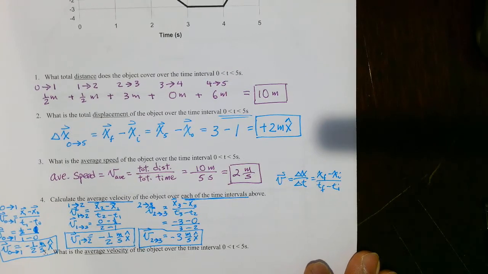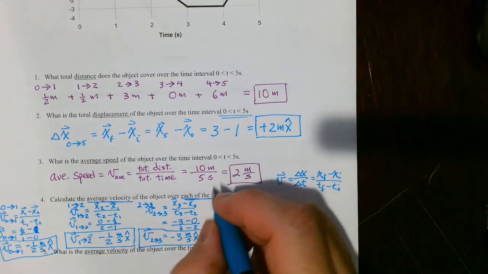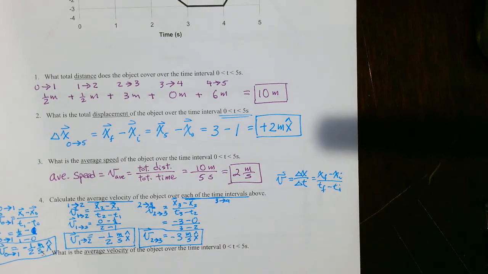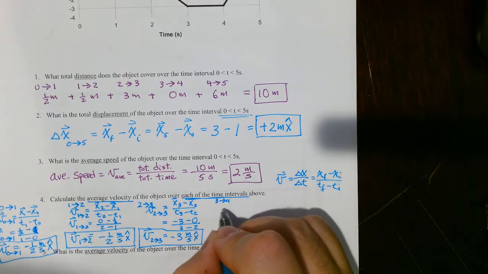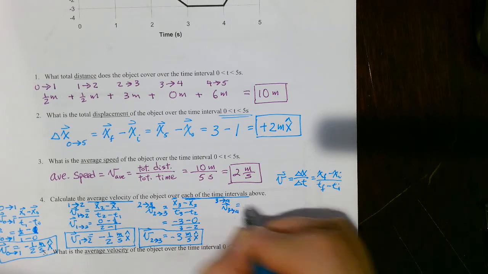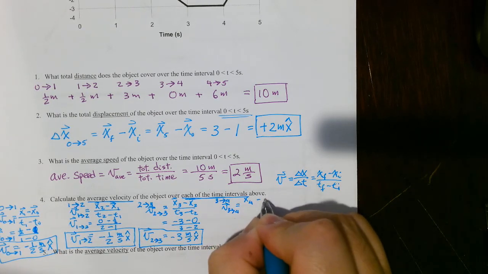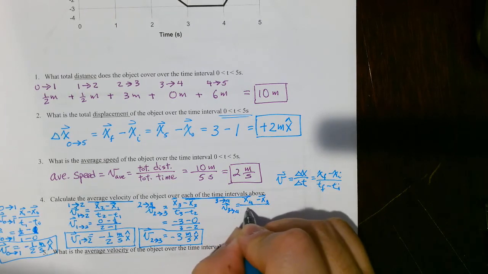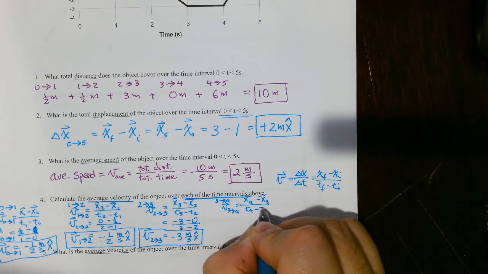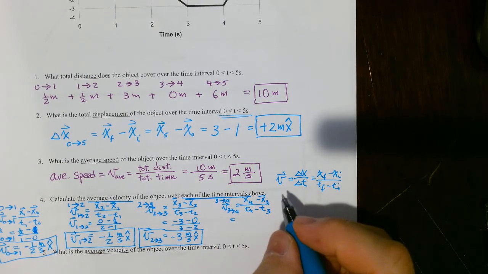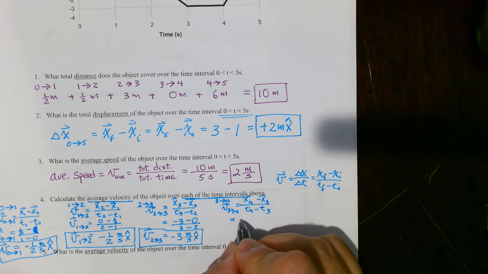2 more. So 3 to 4 seconds. So I have my v of 3 to 4 is equal to x4 minus x3 over t4 minus t3. So therefore that is equal to x4 is -3.